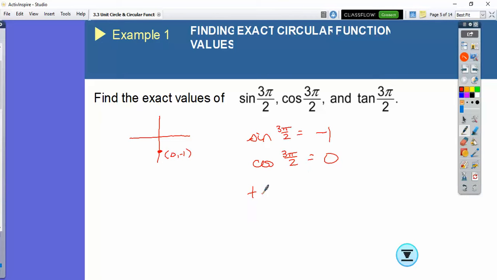Tangent is y over x, or you could think of it as sine divided by cosine. So negative 1 divided by 0, which is undefined. I usually write undefined, but you can put the symbol too. And then obviously if you wanted secant, you would just do the reciprocal of cosine. If you want cosecant, you do your reciprocal of sine, and so forth.